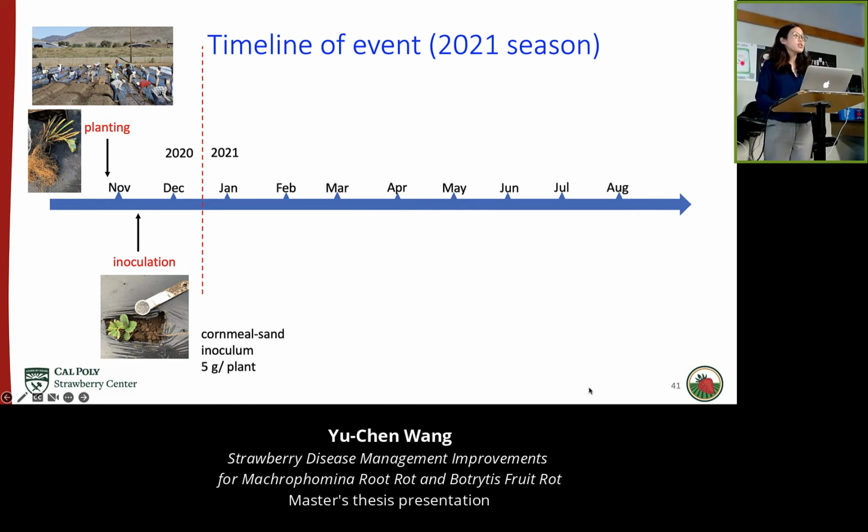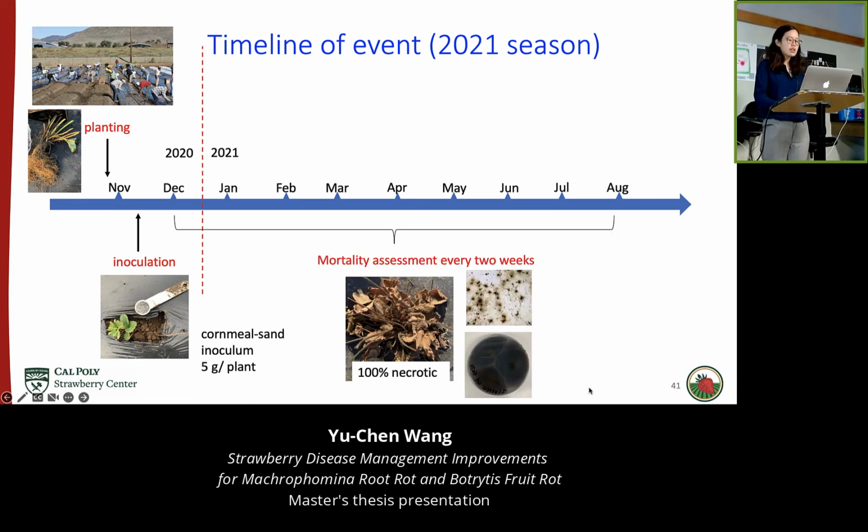We want to make sure the disease level is similar for every single plant and every genotype. Starting in December, we conduct mortality assessment for 2 weeks. We consider 100% necrotic as mortality.